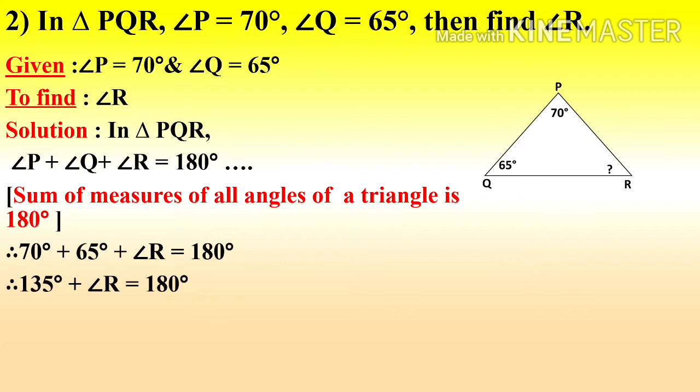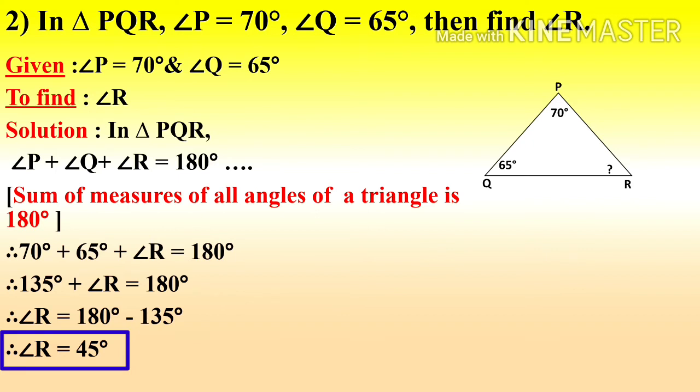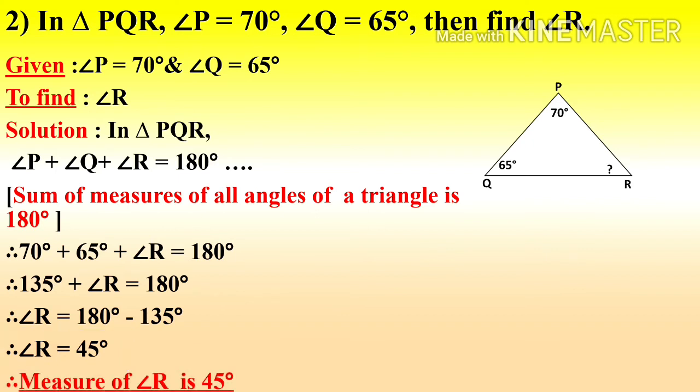Now student, 135 degree will move to the right side, it will become minus 135 degree. Therefore, angle R equal to 180 degree minus 135 degree. Here we get angle R equal to 45 degree. Therefore, measure of angle R is 45 degree.